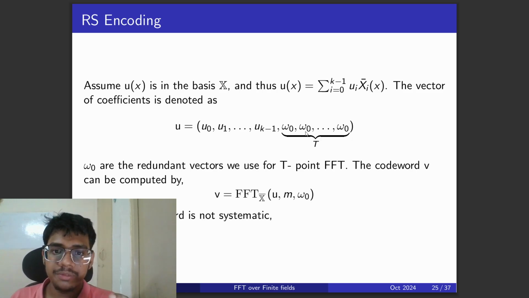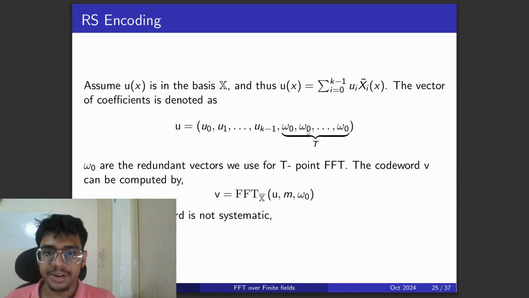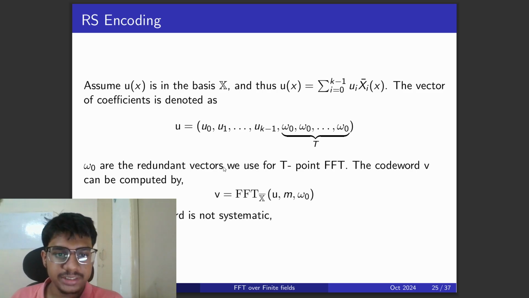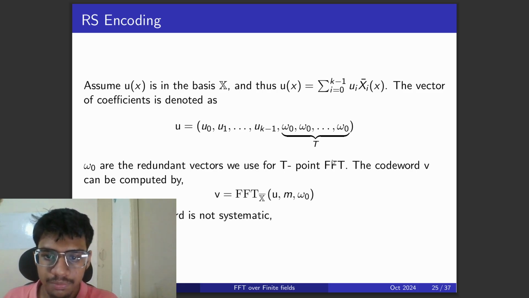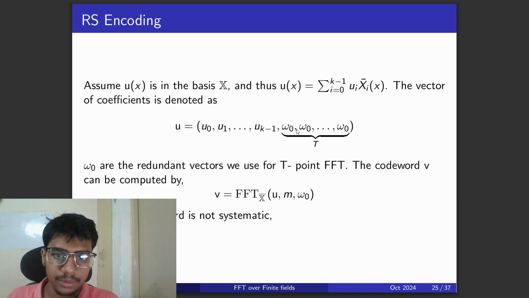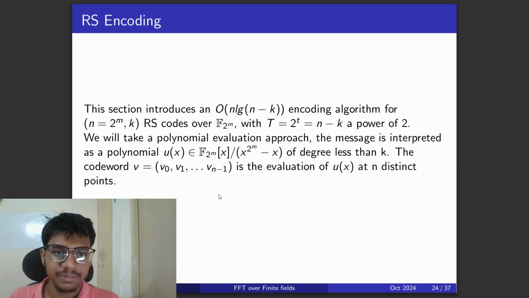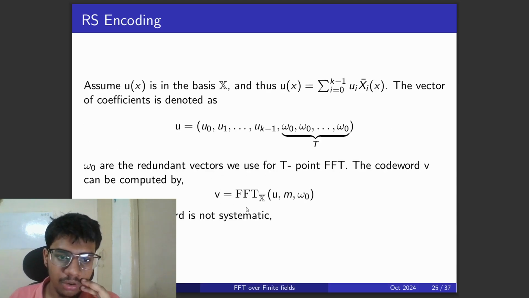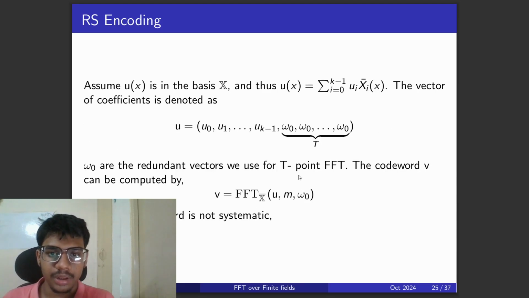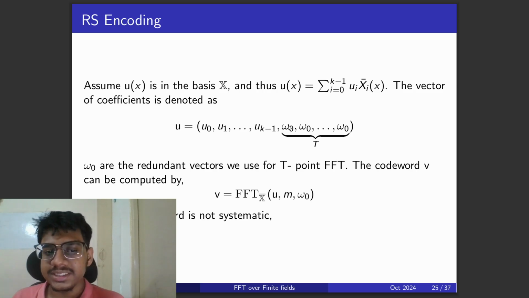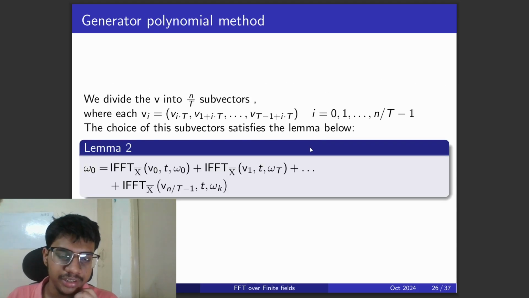We have taken all the redundant vectors to be the same, omega naught, and we will just apply the t-point fast Fourier transform. So we have t points here, right? Which will give a codeword b, which is this. So we can calculate a codeword using just the fast Fourier transform, where we have assumed all our redundant vectors to be omega naught. But this codeword comes out to be not systematic, and it has a high time complexity.